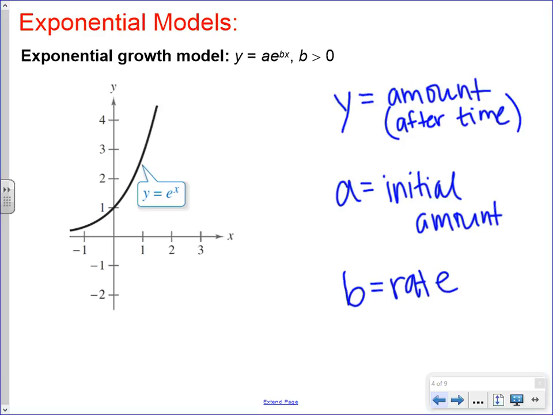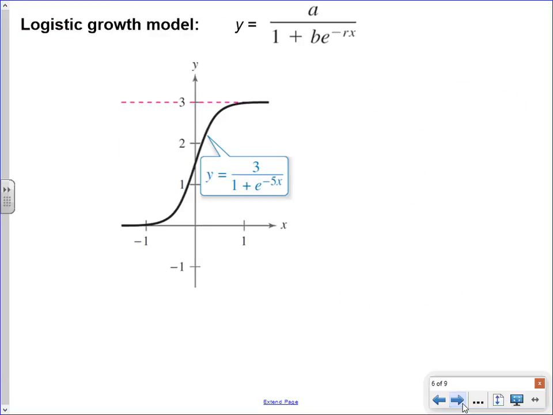Okay. Same thing is true for the logistic growth, okay? Now, logistic growth, this is something that we work a little bit more with in Calculus 2, so Calculus BC is where you would see logistic growth. So things that follow this model would be like spreading a rumor.